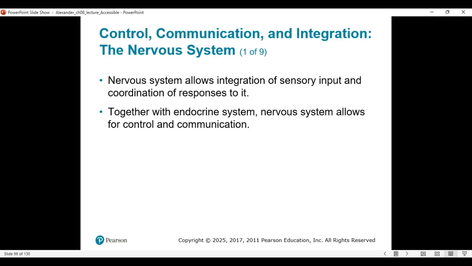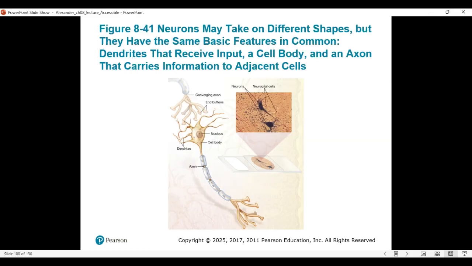Moving on to the nervous system. This allows integration of sensory input and coordination of response. Along with the endocrine system, the nervous system allows for control and communication. Here's a picture of nerve endings.